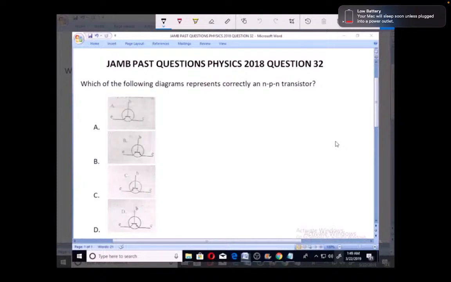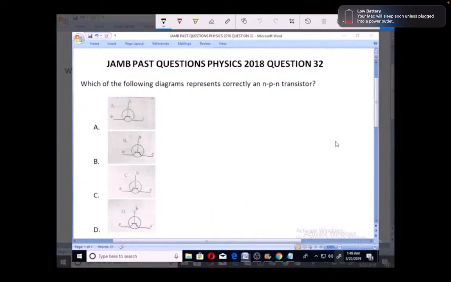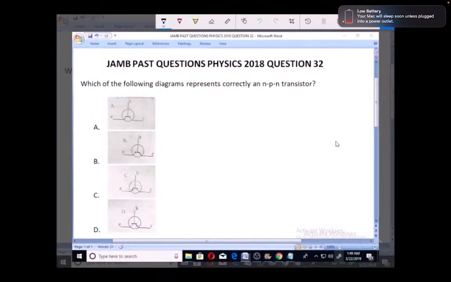Is it A, as drawn here, or B, C, or D? For us to appreciate this very well, we need to make a sketch of the diagram of an NPN transistor.